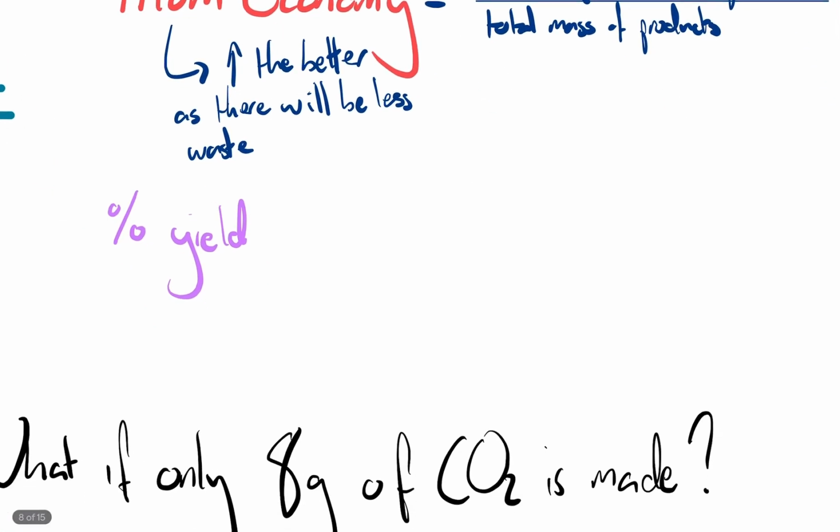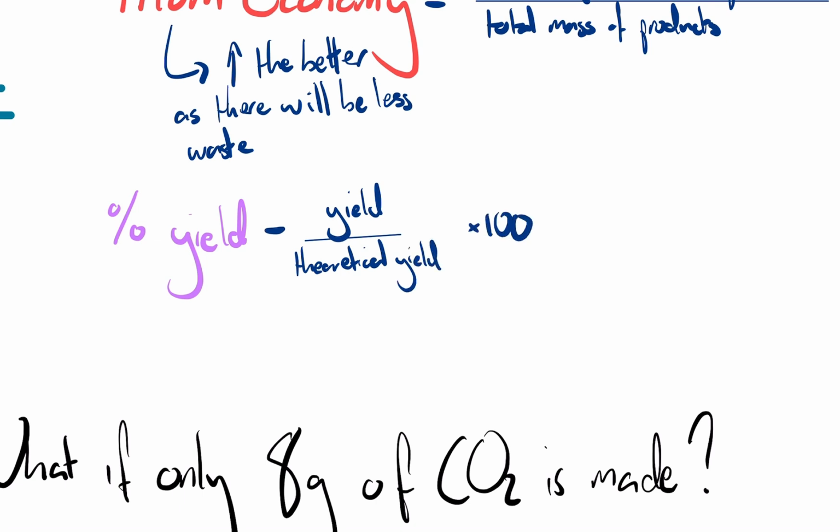Percentage yield. We've got our mass of products, or our yield, divided by our theoretical yield. And again, we'll times that by 100 to turn that into a percentage.